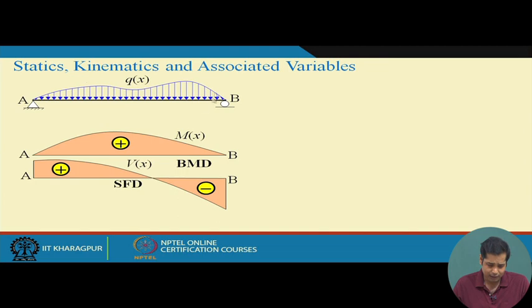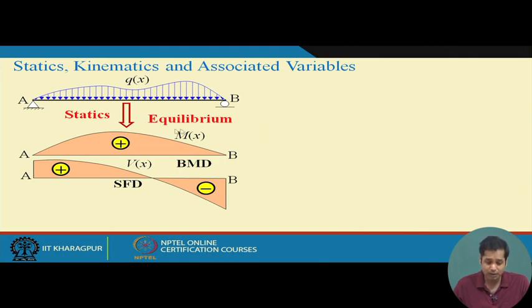Once we know how to draw the bending moment and shear force diagram for a given problem, this step is called statics. For a given problem, determine the internal forces. What plays a major role here is the equilibrium equation.